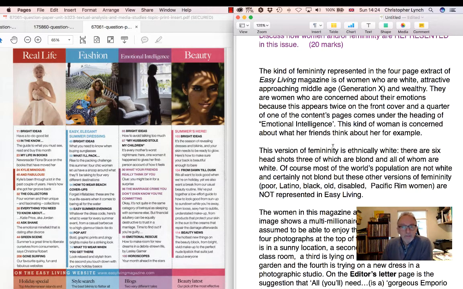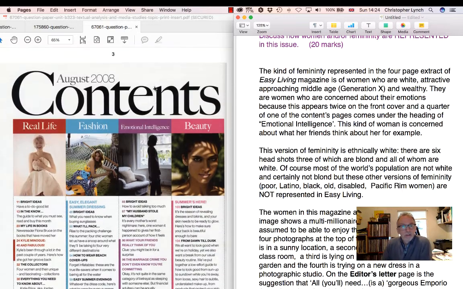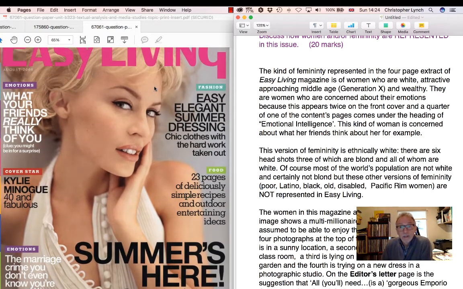This version of femininity is ethnically white. White, white, white. I assume she's white. She's certainly white. There are 6 headshots, 3 of which are blonde and all of whom are white. Of course, most of the world's population are not white and certainly not blonde.